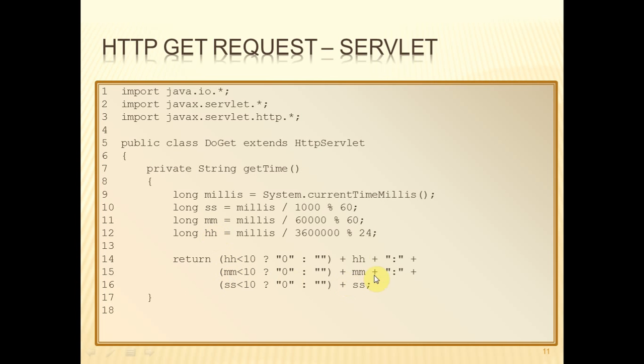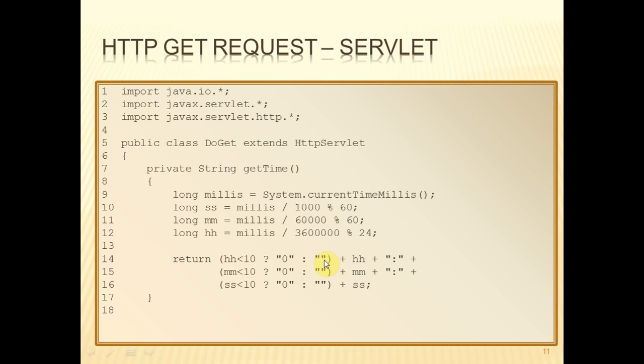And we format this with the variables HH, hours, MM, minutes, SS, seconds, separated by colons, but we want to make sure that there are 2 digits for each number. And so we test: if HH is less than 10, then we need to have a 0.